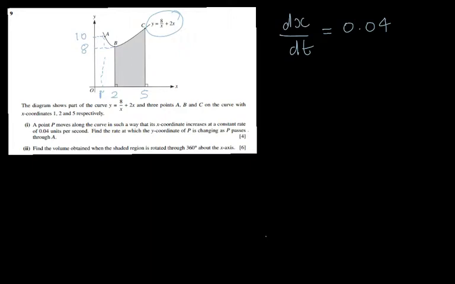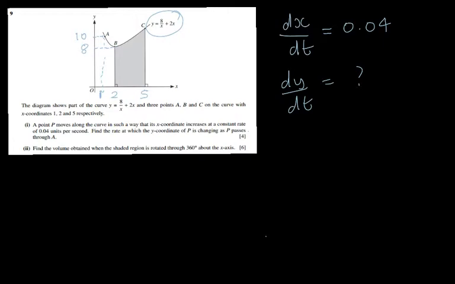And what they want is the rate at which the y coordinate is changing in respect to time as it passes through A. So they want dy/dt. What is that? So you think, oh, okay, so is this one of those related rates of change type things? Oh, you know what? It is.